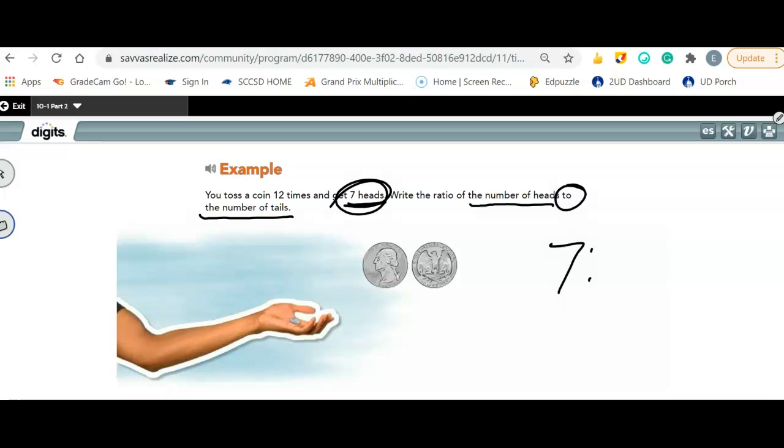We need to figure it out. Caitlin, how do we figure it out? 12 minus 7. Good. The total number of flips minus 7, the number of heads, is going to give you what? Milo? 5. That means the number of tails, because you either get a heads or a tail.